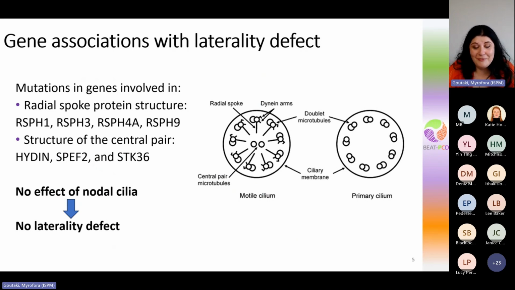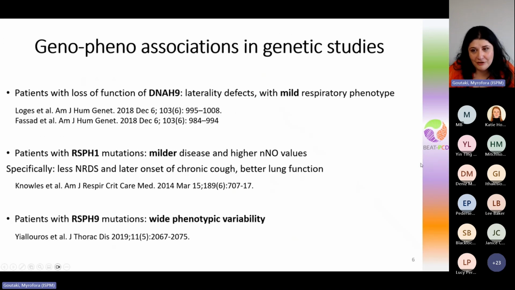Now this might have been the only clear and straightforward thing that I will show you today, because going into respiratory defects and the respiratory clinical phenotype, things are slightly more unclear.